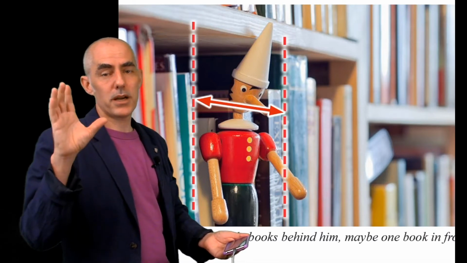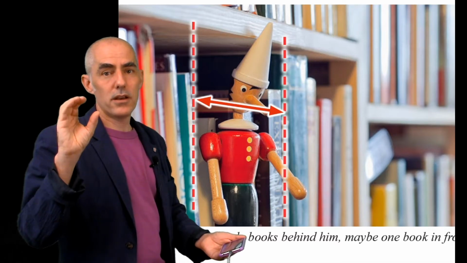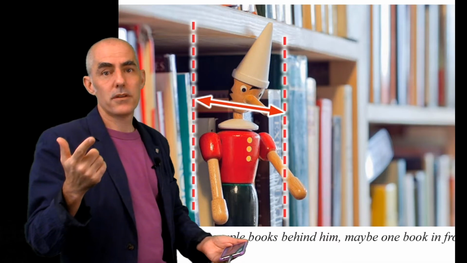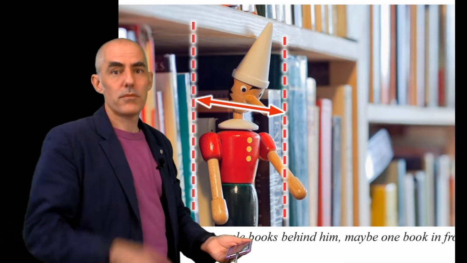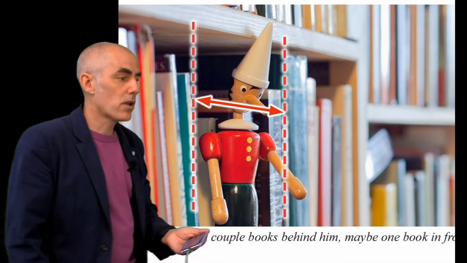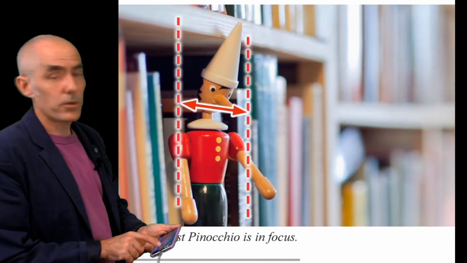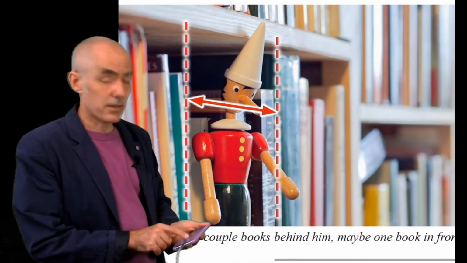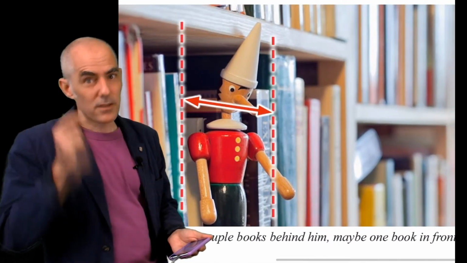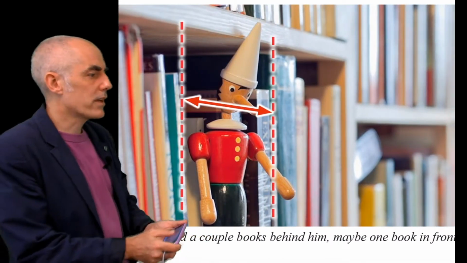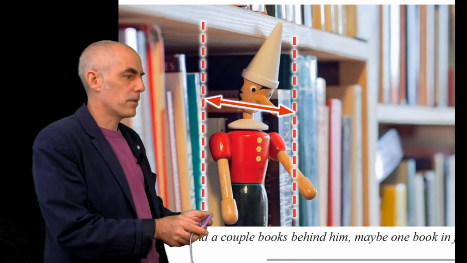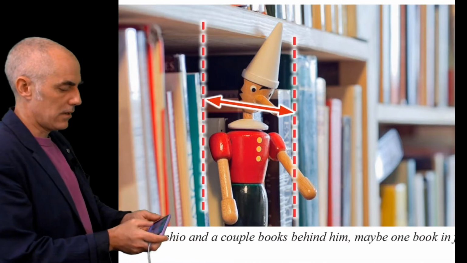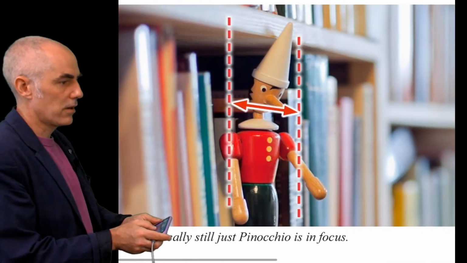So I've closed down one stop to 2.8, two stops to f4. So the aperture is two stops smaller. Obviously, my exposure is the same, so I must have adjusted my shutter speed or ISO to keep the same exposure, because I'm smart like that. So we can see what happens when we change from a bigger aperture to a slightly smaller aperture.